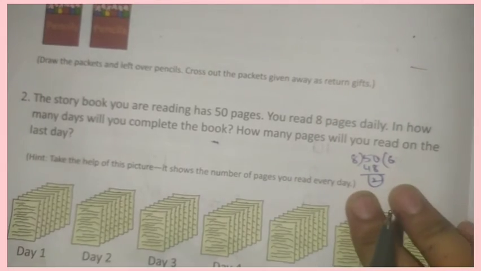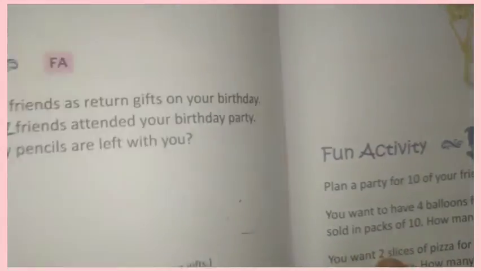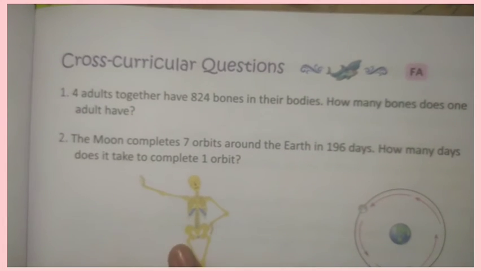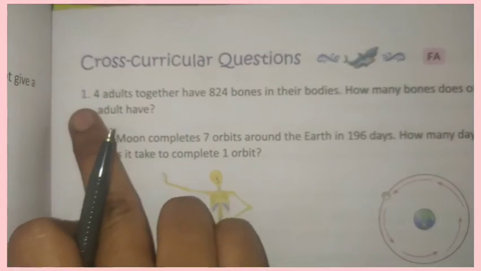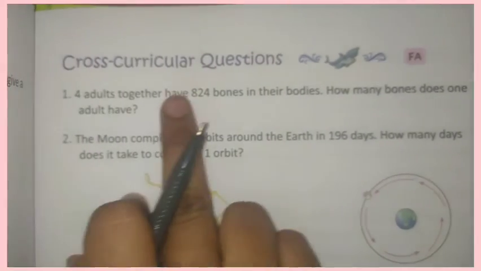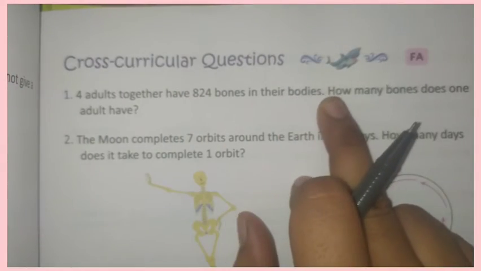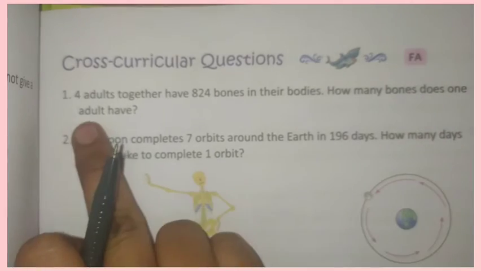Okay, next, cross curricular questions. This is textbook page number 163. 4 adults together have 824 bones in their bodies. How many bones does one adult have?